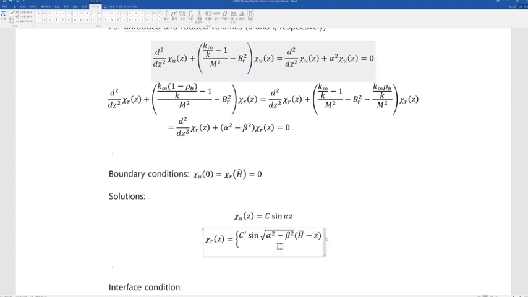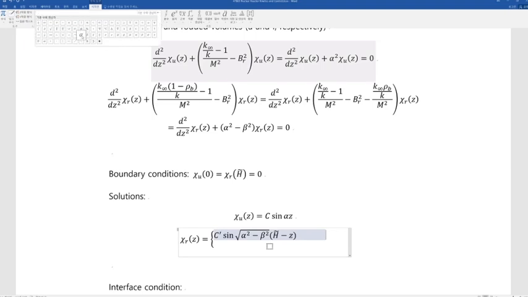So this is the case when alpha is bigger than beta.